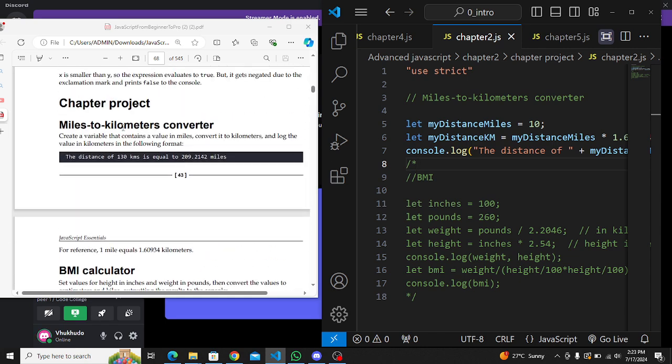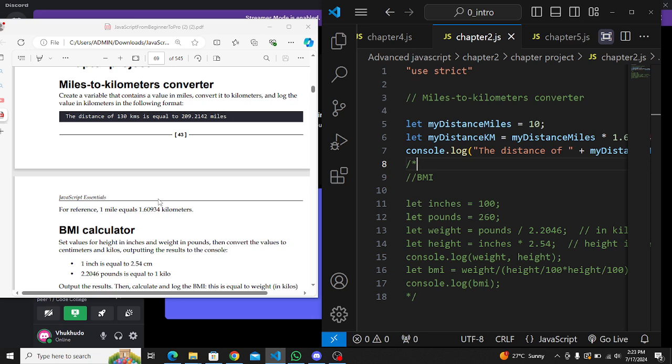So the chapter project is a miles to kilometer converter. They said create a variable that contains a value in miles and convert it to kilometers, and log the value in kilometers in the following format: the distance of 130 miles is equal to 209.2142 kilometers.